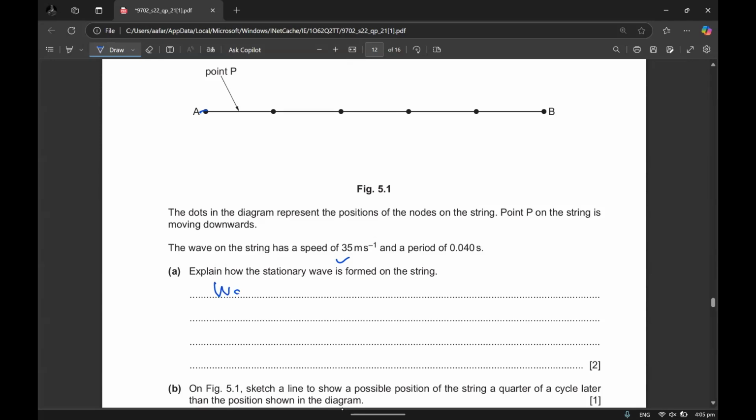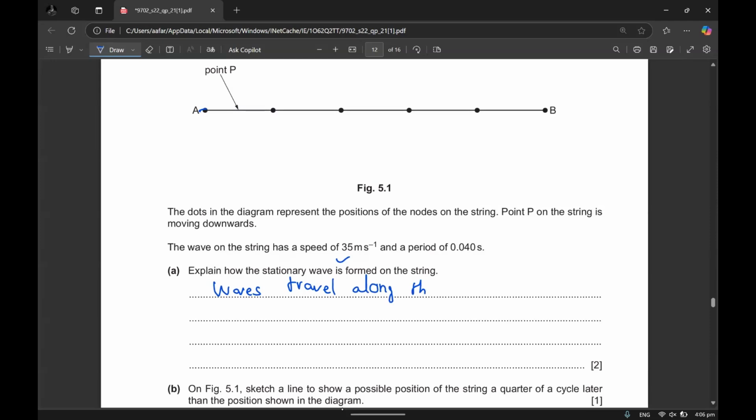So basically, we say that waves on this string travel along the string and in opposite directions. That's best done when it's the same wave on the same string.